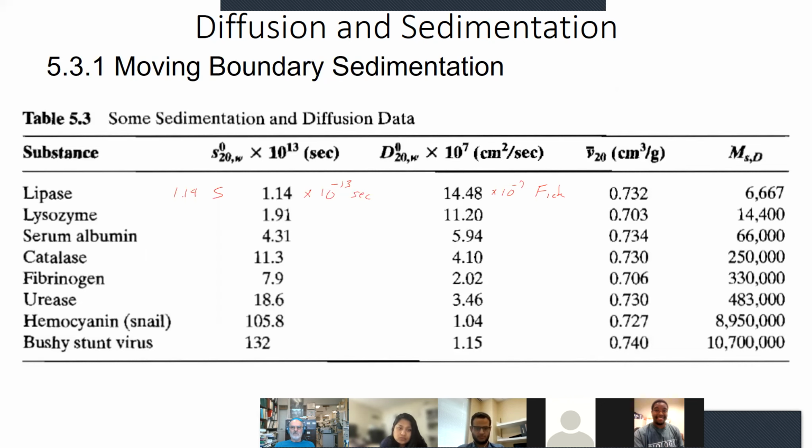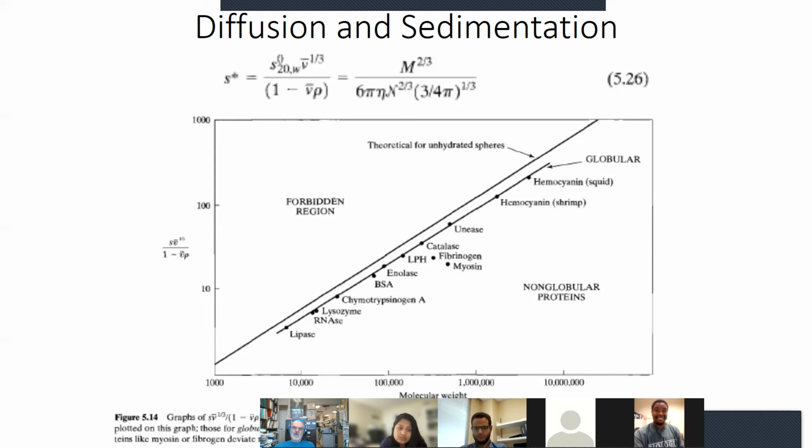We've got molecular weight, S, and a V bar, and we're going to plot the data. This equation suggests that S goes as m to the 2/3 power. By doing this on a log scale, that 2/3 in front of the log will turn this basically into a straight line.